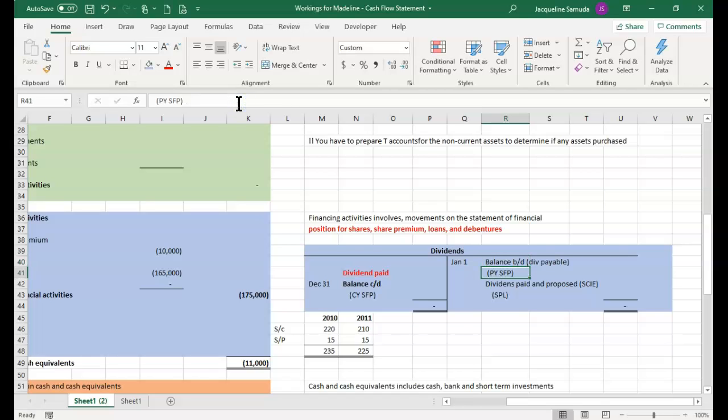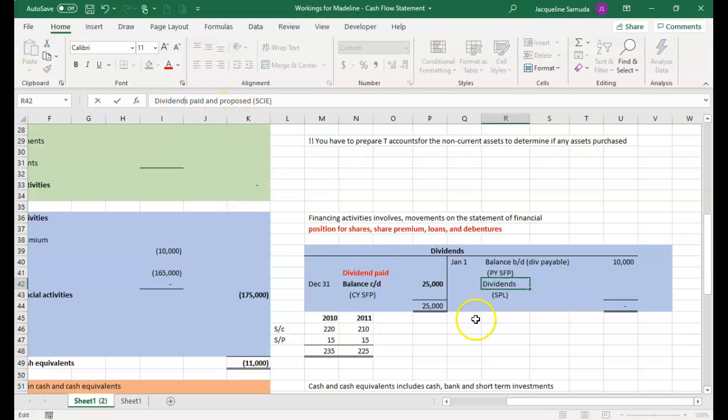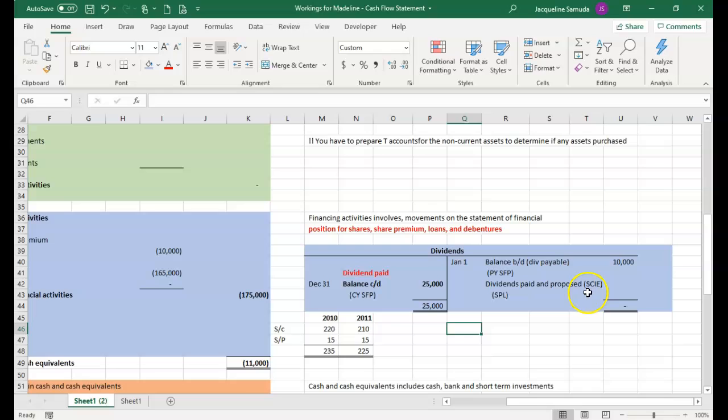So when I look on the statement of financial position, the opening balance for dividends payable was $10,000. And on the same document, I see the closing balance was $25,000. Now, the third figure that I will need comes from the statement of changes in equity, SCIE.